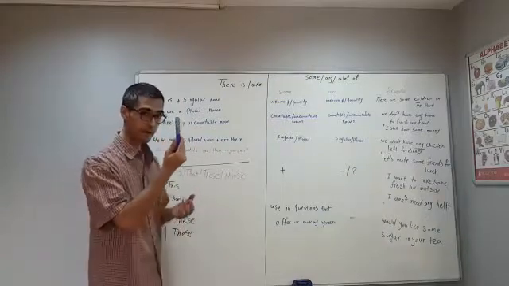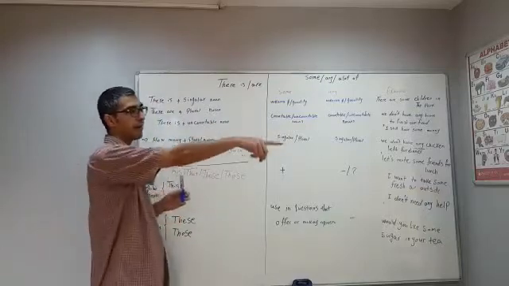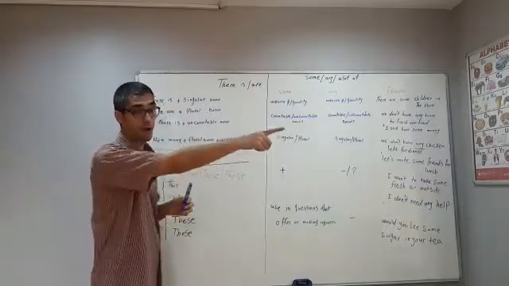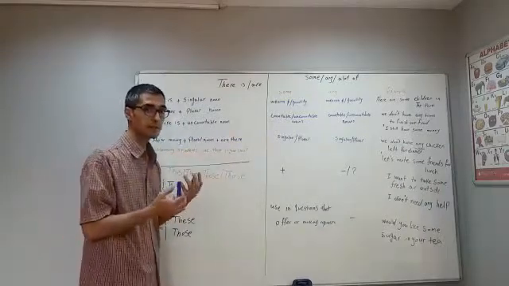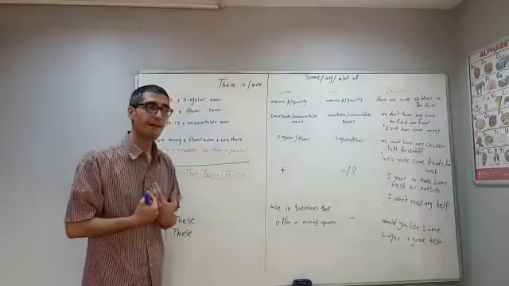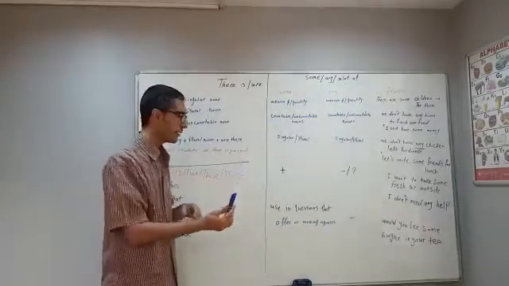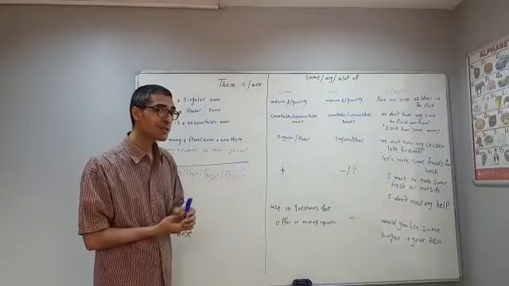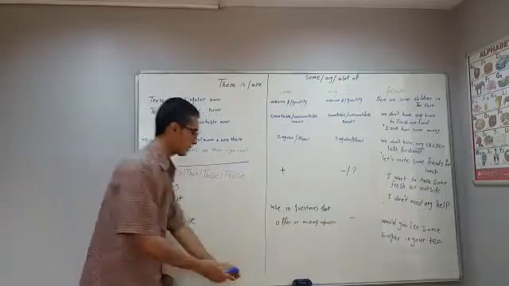This is a marker, okay? That is a cat, okay? If it's far. But if something is near to me and also plural, not only one, what should we use? We should use these. These are markers, for example.